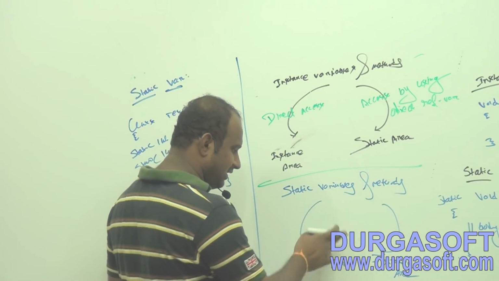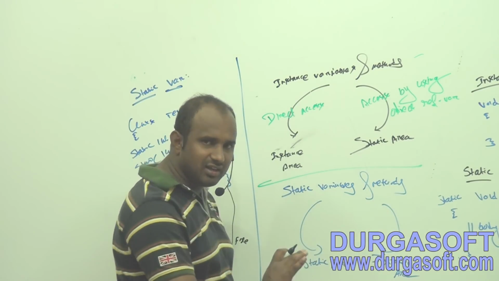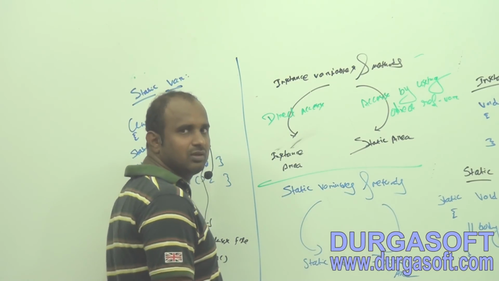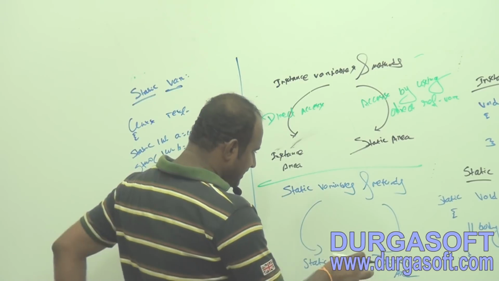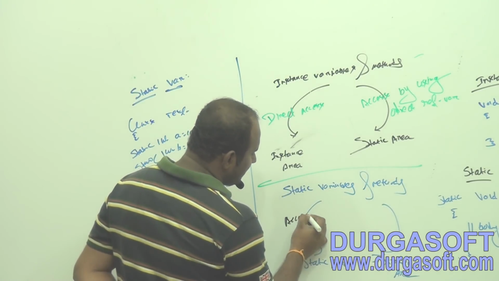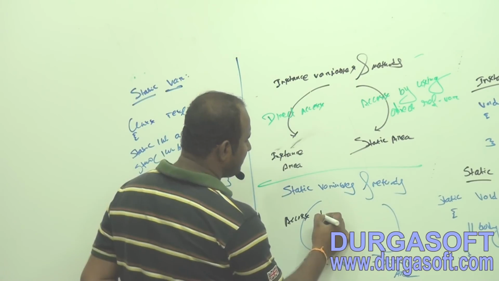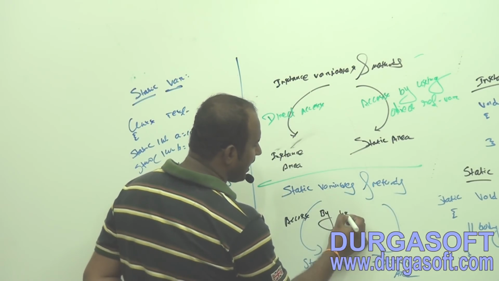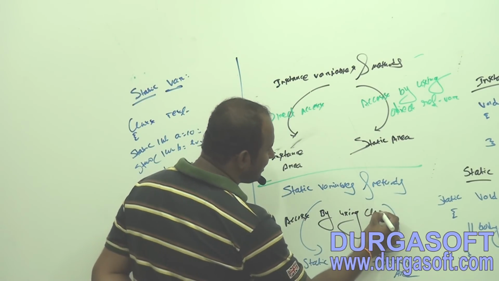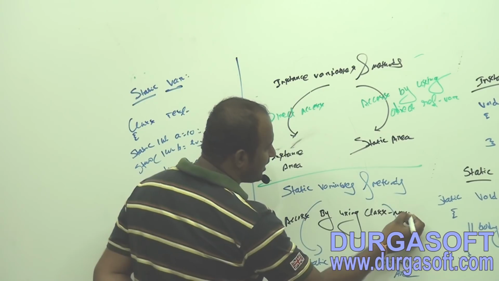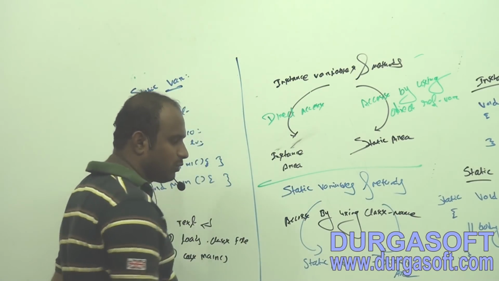Whether it is a static area or instance area, how do we access a variable? By using the class name. Don't bother about the areas.